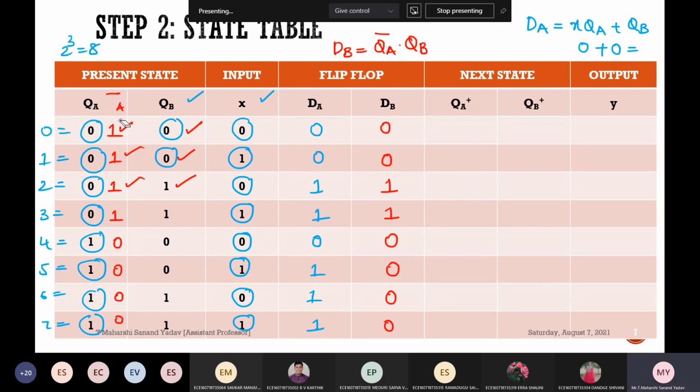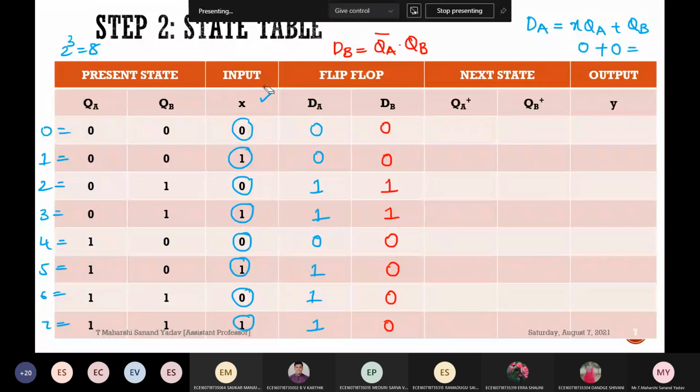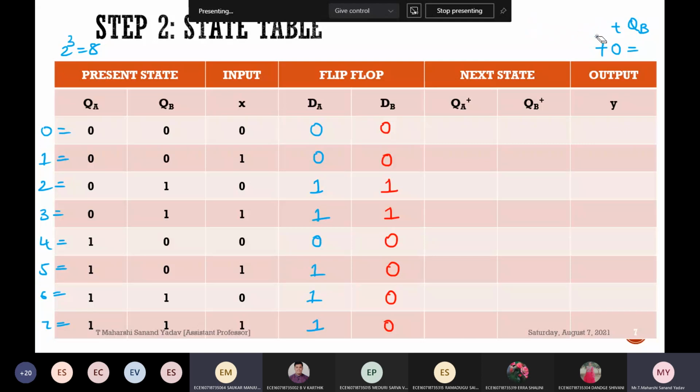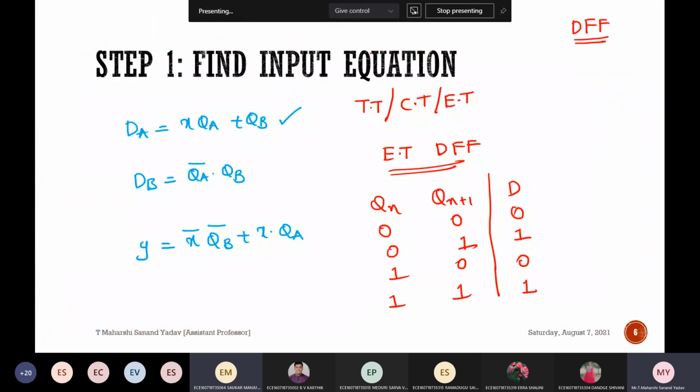Let me erase all this. Please solve and tell me the answer. We have to check QA and DA. So what is the characteristic equation?